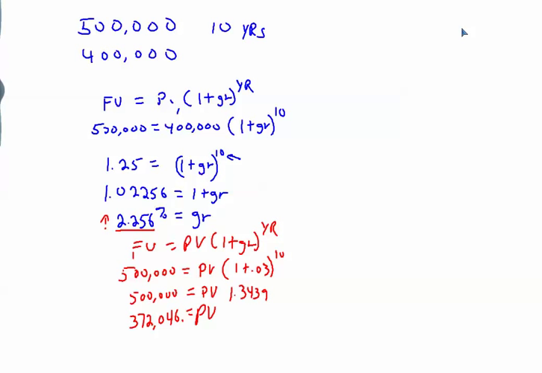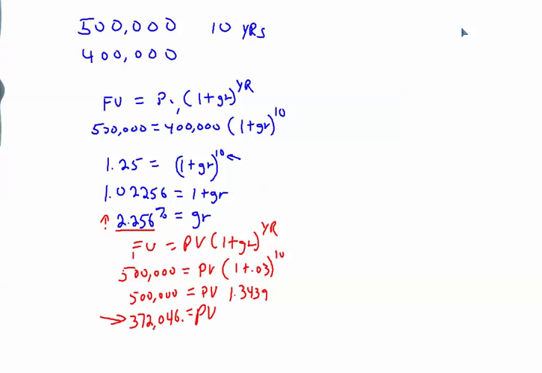So if I put the question on the test, what would Ben need to do to get the interest rate up to 3%? He would need to sell bonds, and he would need to sell a sufficiently large number to drive the price of this typical bond down to $372,046.